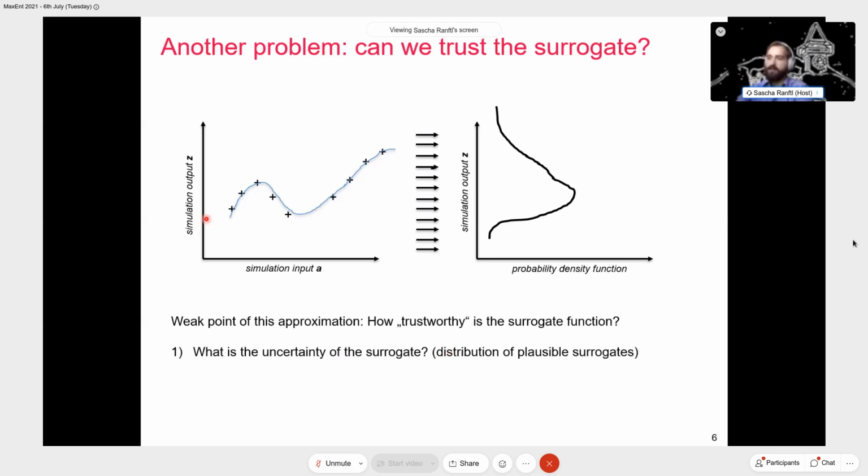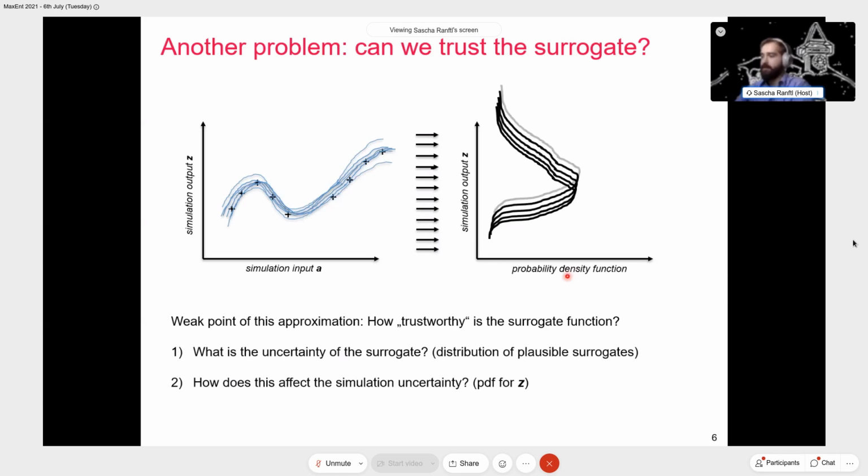Because there is not just one plausible surrogate that we can fit to this simulation data, but there's actually an entire distribution of surrogates that we could use here. And which one should we use? The second question is, the choice of this particular surrogate up here will affect your simulation uncertainty in the end somehow. So how does this propagate?